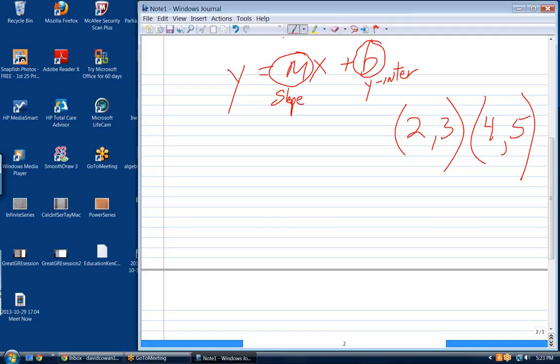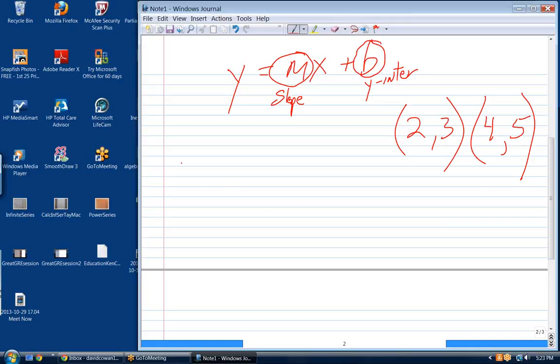So how can you figure, in other words, 2 points define a line. So if I give you 2 points and I say they're on a line, that tells you everything you need to know about the line. It tells you exactly where it is on the graph, but you have to do some calculation.